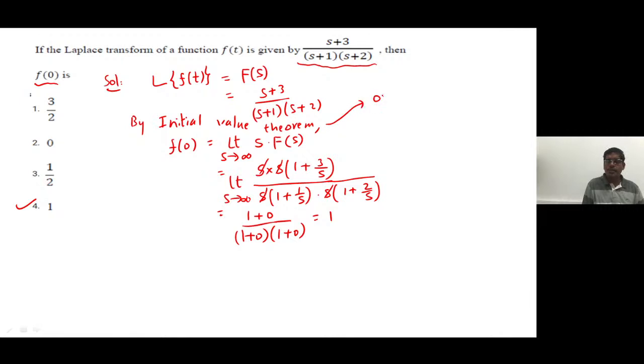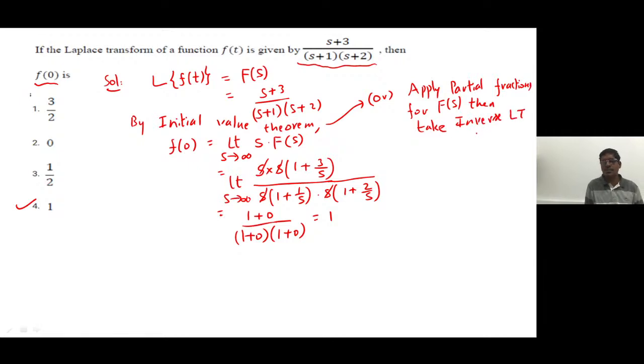Alternative method, I am giving a hint, at home you find. So apply partial fractions for capital F of s, then take the inverse Laplace transform, LT stands for Laplace transform, and then put t equal to 0.